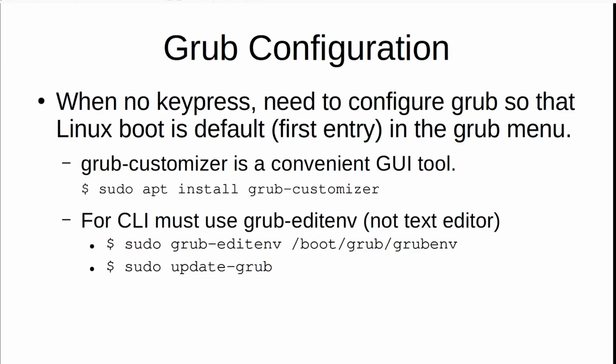With no key press, we need to configure Grub so that Linux boot is the default or the first entry in the Grub menu. One very convenient tool is called grub-customizer, and you can install that in a recent version of Ubuntu. And then if you do have the server set up to enable GUI login, you can use grub-customizer to set the boot order and the devices that will boot, the timeouts, etc. If you have a CLI-only server, then you can configure Grub using grub-editenv.